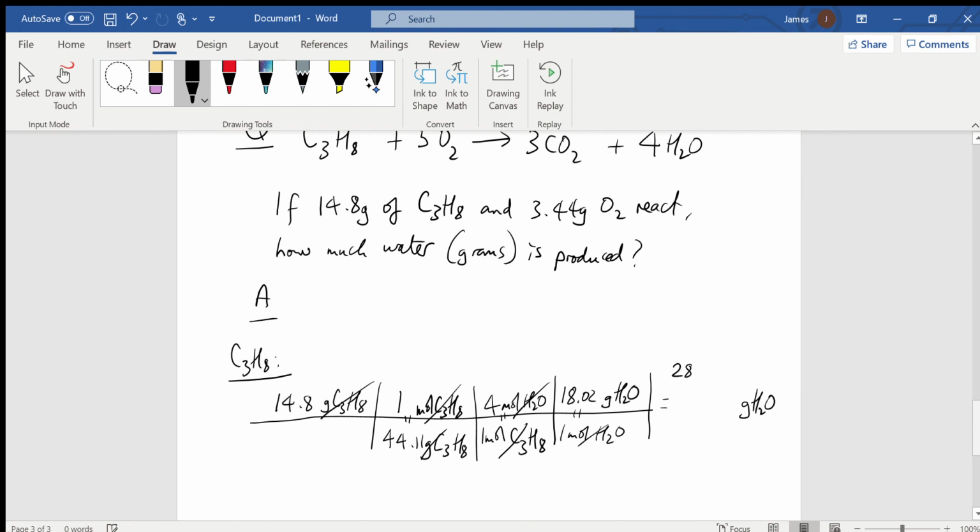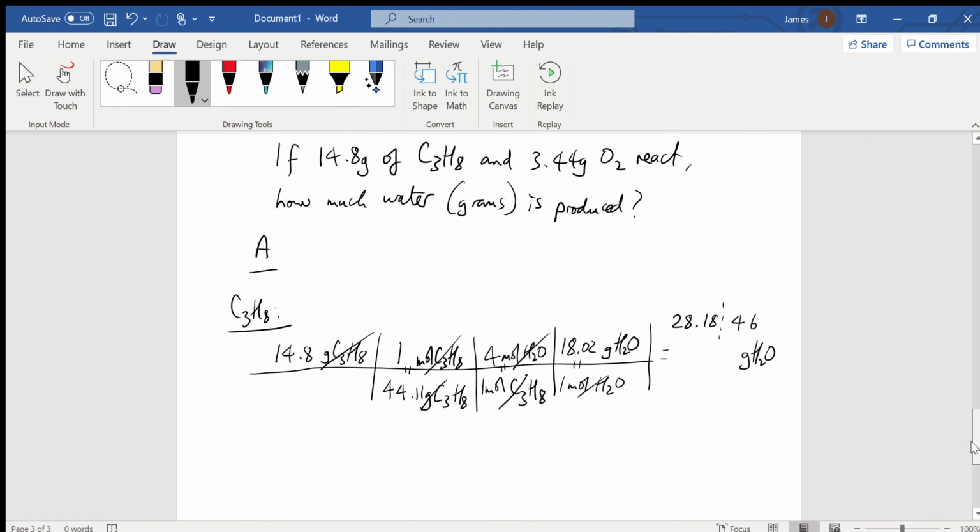I get 28.18. I add an extra couple of insignificant digits, so I'm given an extra digit here, although technically I'm stuck with 3 sig figs. I'm going to give a 4th sig fig just because I don't want to round yet. So I'm just going to leave it like that for now. No need to do anything else with it.